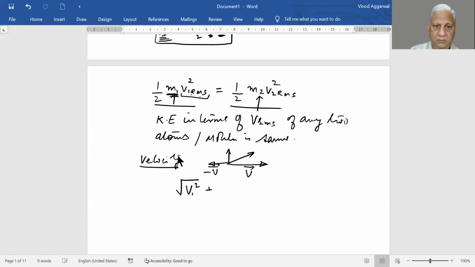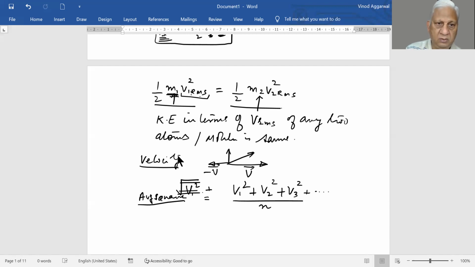Then what we first do is we add v1 square plus v2 square plus v3 square and so on and so forth, and divide by n. This is our average square velocity. Now, if we again want to see how it compares with our velocity, since we have already squared, we take the square root of this.